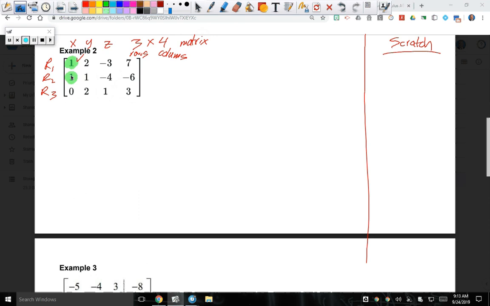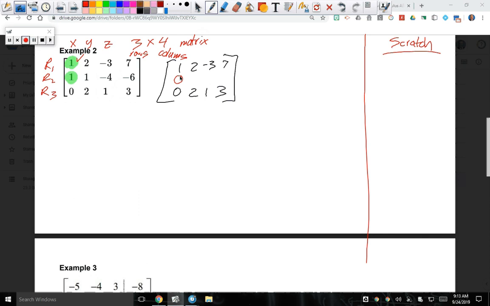You with me? So I'm trying to build a new row 2. That means this one is not going to change, and this one is not going to change. I want to change the second row. And ultimately, I want this number to become 0.